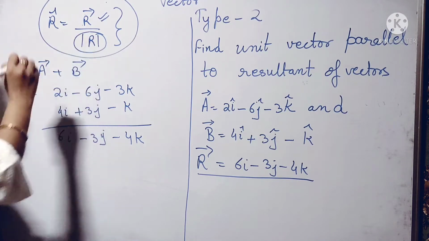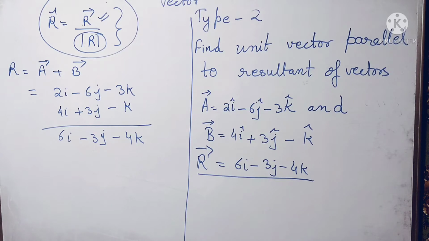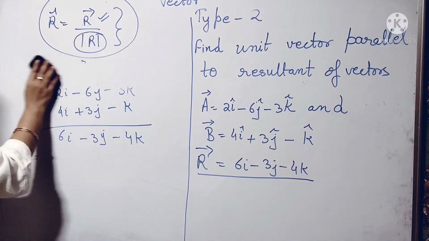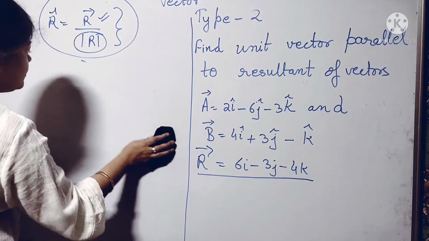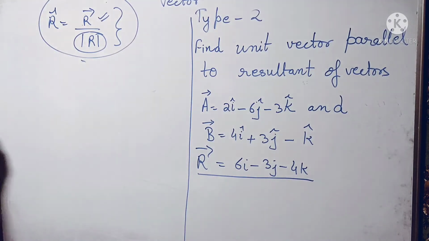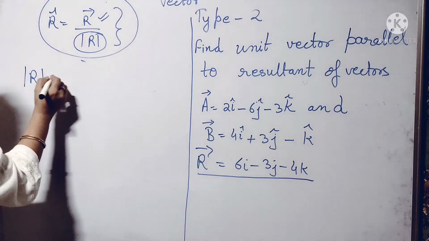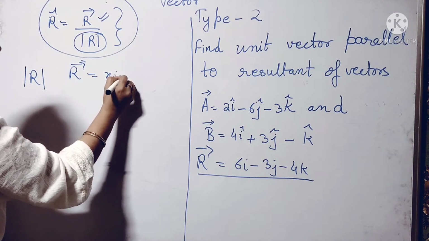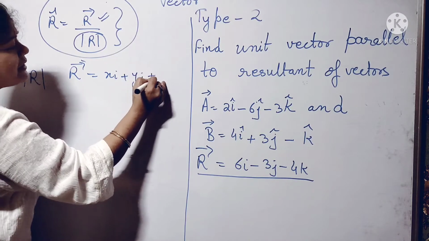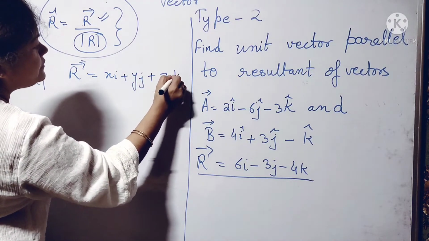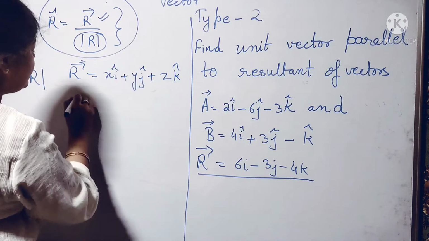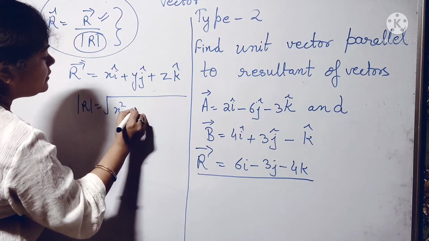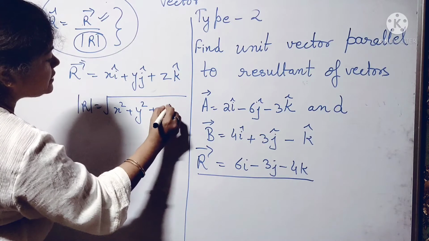Okay, resultant. So now we have to find the magnitude of the resultant vector. Now we know how to find the magnitude of a vector. If a vector R is given in this way, xi plus yj plus zk, then its mod is equal to under root x square plus y square plus z square.